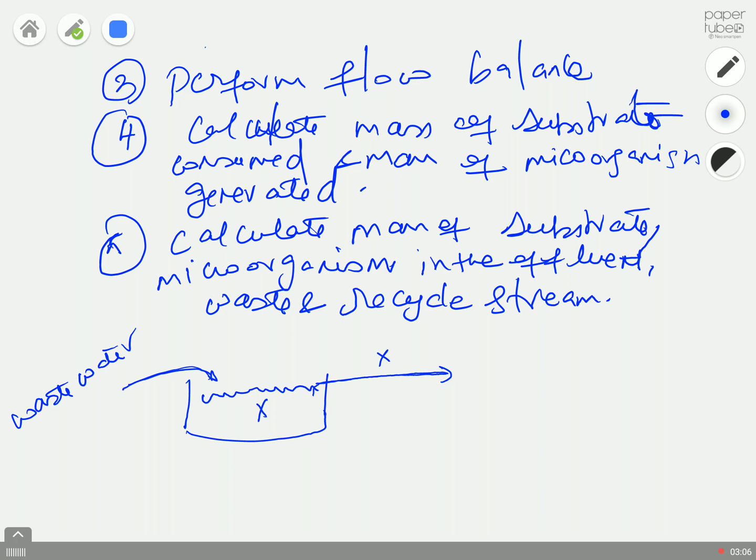Some substrate goes inside, and there you already have some microorganisms inside, and then you take them out. So this flow rate in and flow rate out should have some meaning, and then the output will be connected to a sedimentation tank. So what happens in this tank?